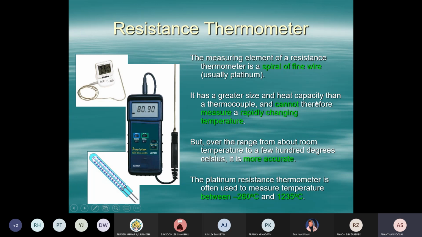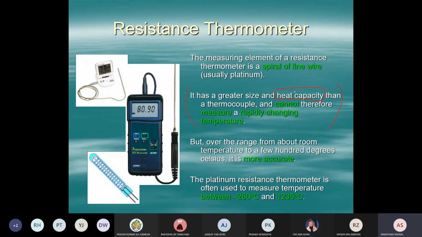Its greater size and heat capacity compared to the thermocouple mean it cannot measure rapidly changing temperature. This is the main disadvantage. The second paragraph is the main disadvantage of the resistance thermometer. The wire used to measure the temperature has a greater size and a very high heat capacity.